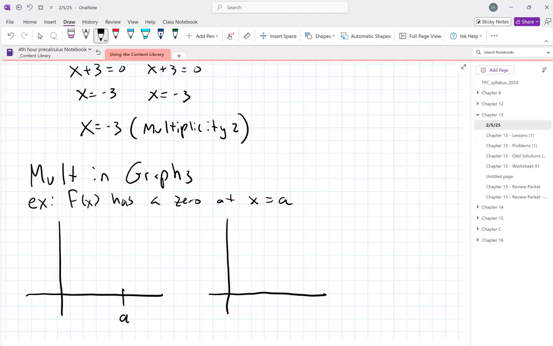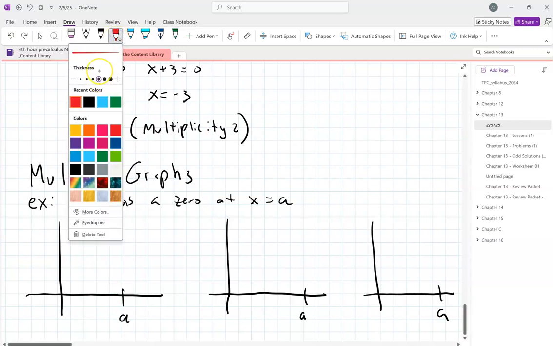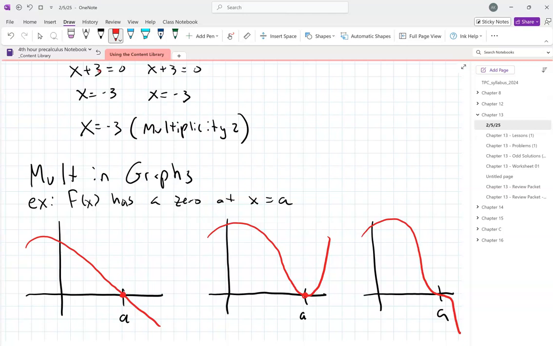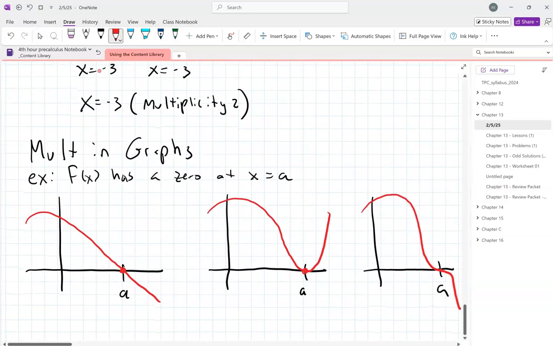So there's kind of 4 different ways that x-intercept might look. That is a thick mama jammer right there. Let me go back and get like a normal size pen. Okay, could look like this. Could look like that. Or it could look like that.